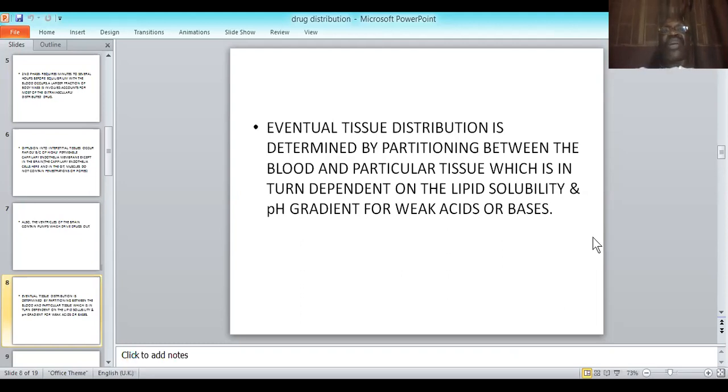The heart, the brain, the kidneys, the lungs. These ones receive better regional blood flow.